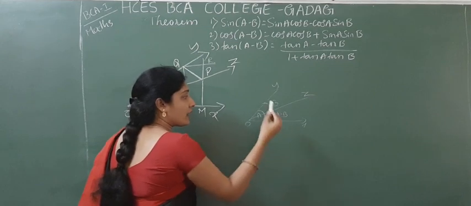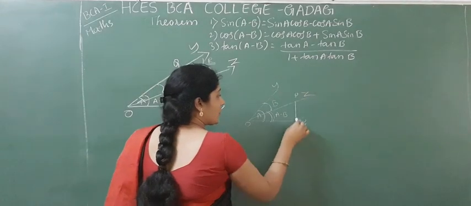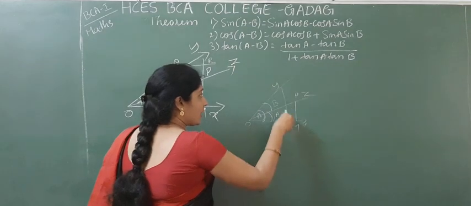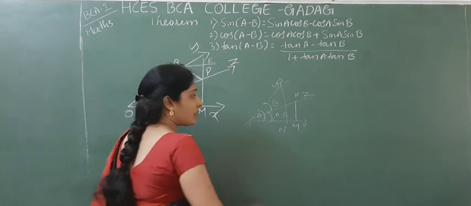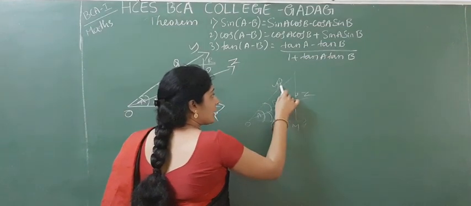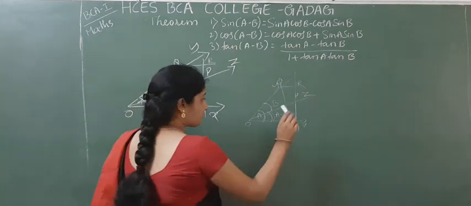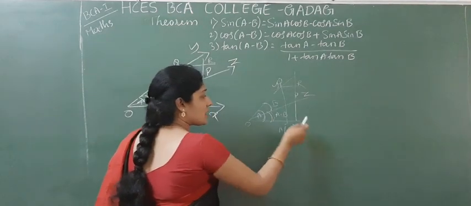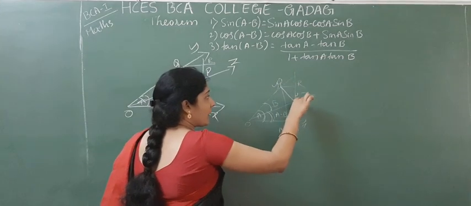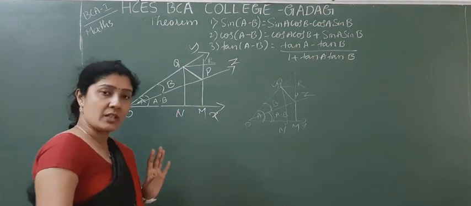This angle will be A minus B. Now draw a line PM perpendicular to OX. Similarly, QN perpendicular to OX, and QR is perpendicular to PM and also QR is parallel to NM. Now join Q and P. This is how the diagram is drawn.